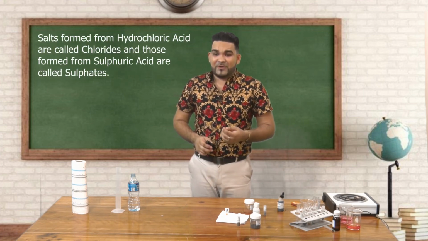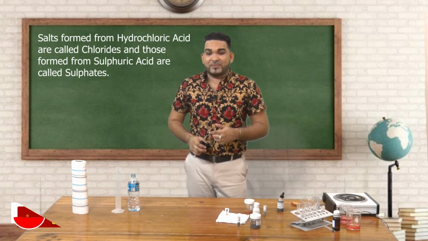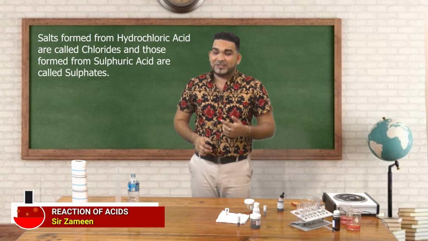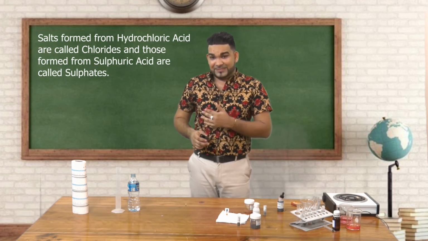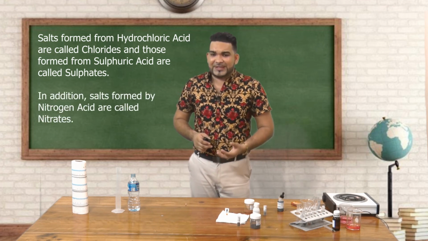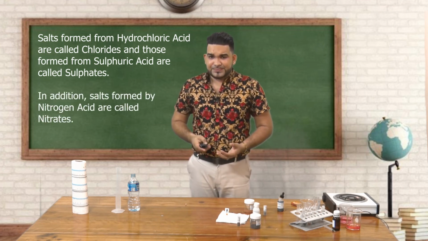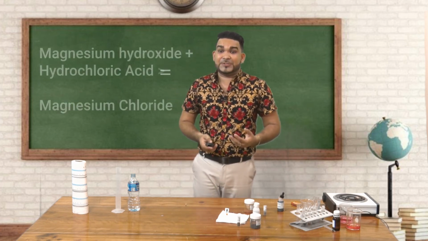The salts formed from hydrochloric acid are called chlorides, while those formed from sulfuric acid are called sulfates. That is what I would have explained earlier when we did our reactivity series. In addition, those formed from nitric acid are called nitrates. The first part of the salt's name comes from the base that is used.